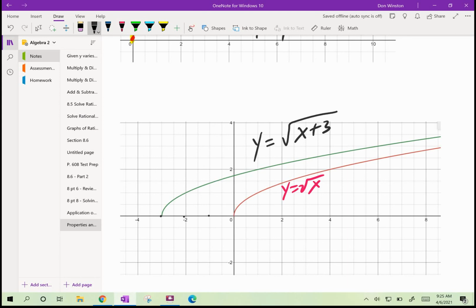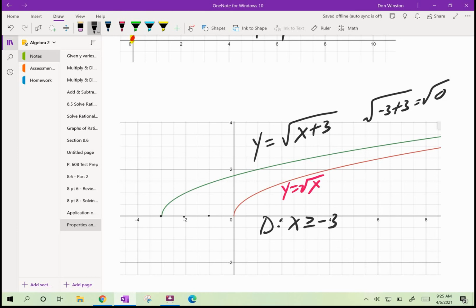When x is negative 3, I get negative 3 plus 3, I get 0. So my domain here would be x is greater than or equal to negative 3. Can't have anything less than negative 3, otherwise I will get a negative underneath the radical.